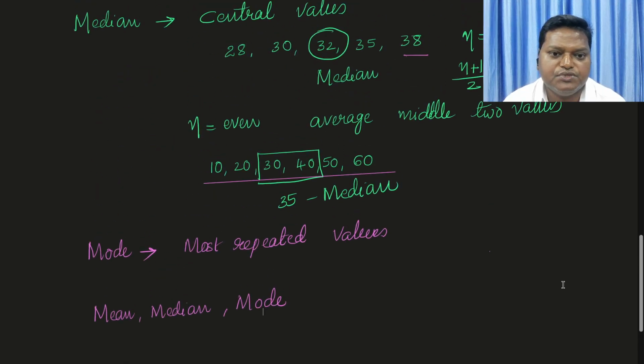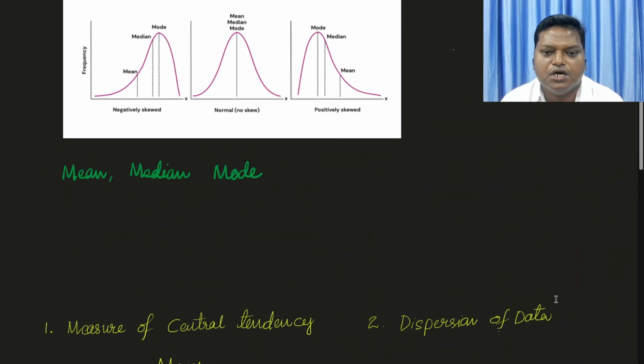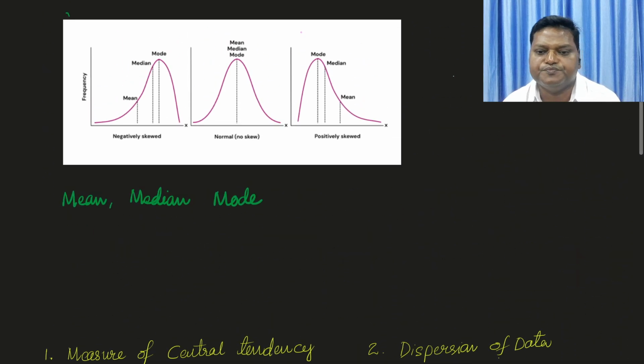At this juncture, let us also see the normal distribution, which is very important in statistics, and not only in statistics, but also in machine learning and data science. Normal distribution is also called Gaussian distribution.